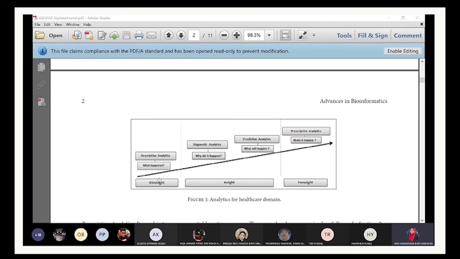They will plot a histogram or graph: from 100 people, how many attended with flu and sore throat and so on. So they understand what happened. Then it goes to the diagnostic. Why, when attending the clinic, do so many people have a sore throat? Then they go find the cause of why it's happening.